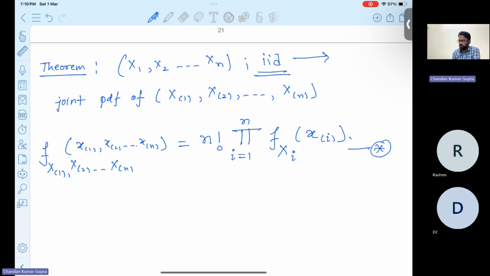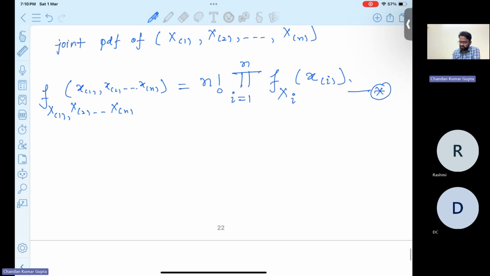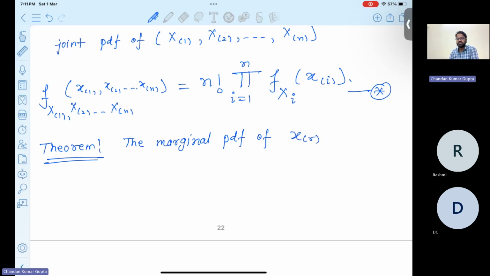Also, we can calculate the marginal PDF of any rth order random variable. So the marginal PDF of X(r), that is the rth order random variable. Let me write it in general format.